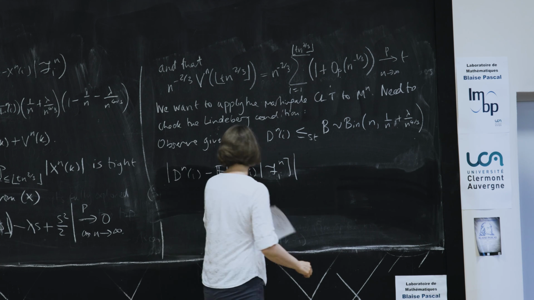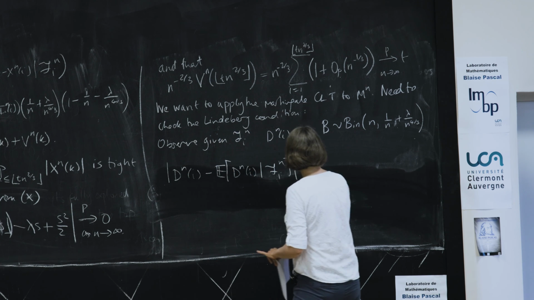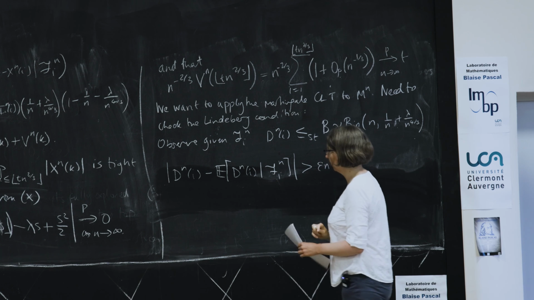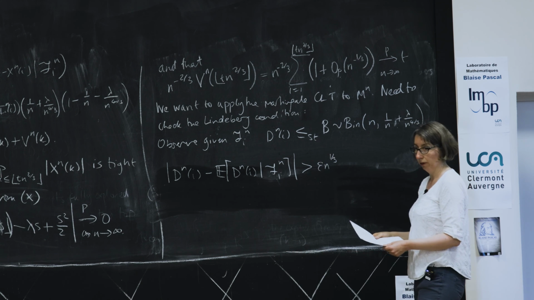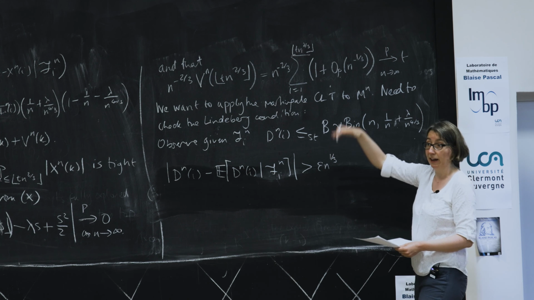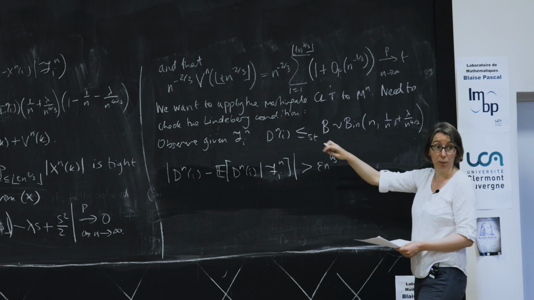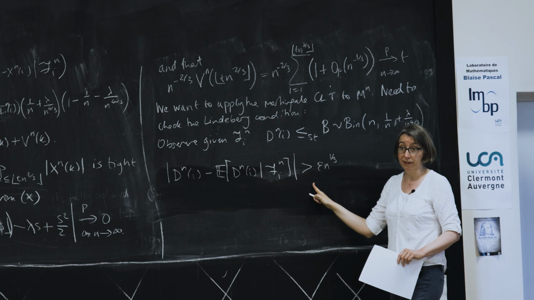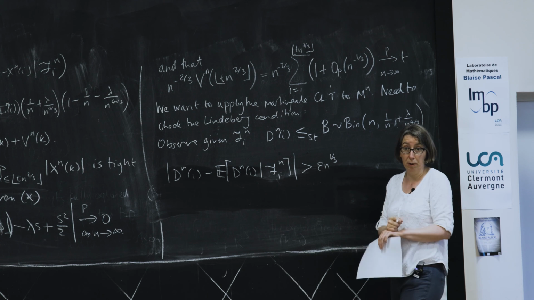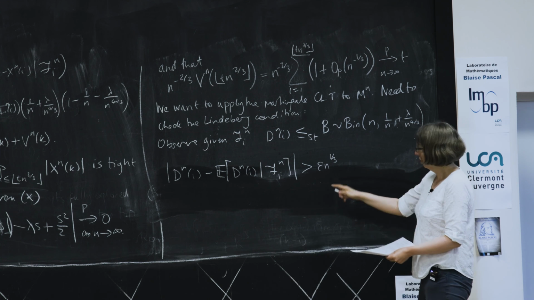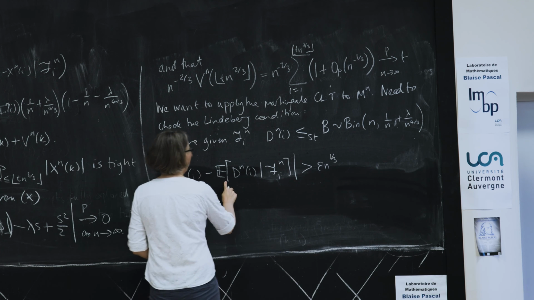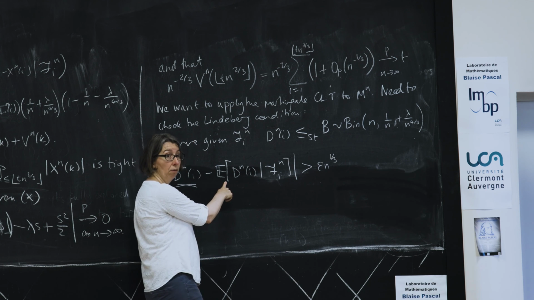If I want to think about that being large on the scale of n to the 1/3, remember, I'm rescaling space by n to the 1/3, so this is a big contribution from a particular step of my process. The only way to achieve that is if this quantity is big, because this mean here is roughly 1.